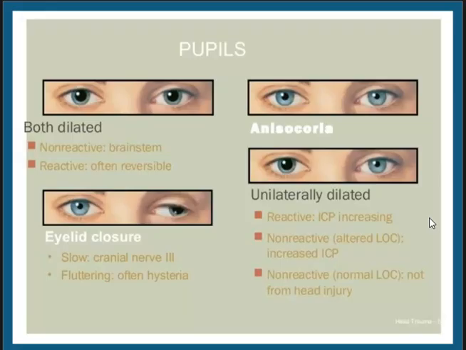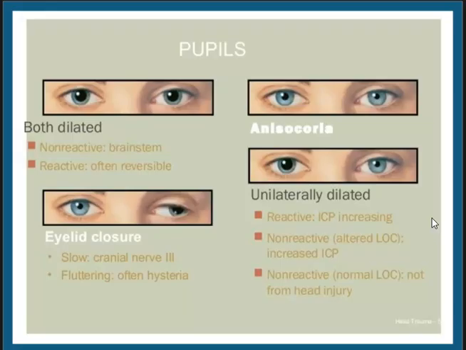One of the nerves is being pushed on. So you're going to have pupils that are unequal in size. Non-reactive means increased ICP. Non-reactive could also mean head injury as things progress and get worse.